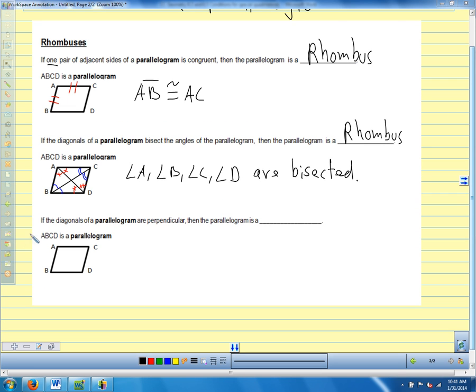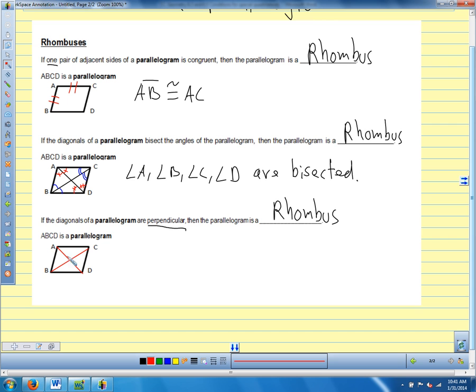And then our last one. If the diagonals of a parallelogram are perpendicular, then the parallelogram is a rhombus. So let's draw in our diagonals, corner to corner. And perpendicular means that they intersect how? 90-degree angle.